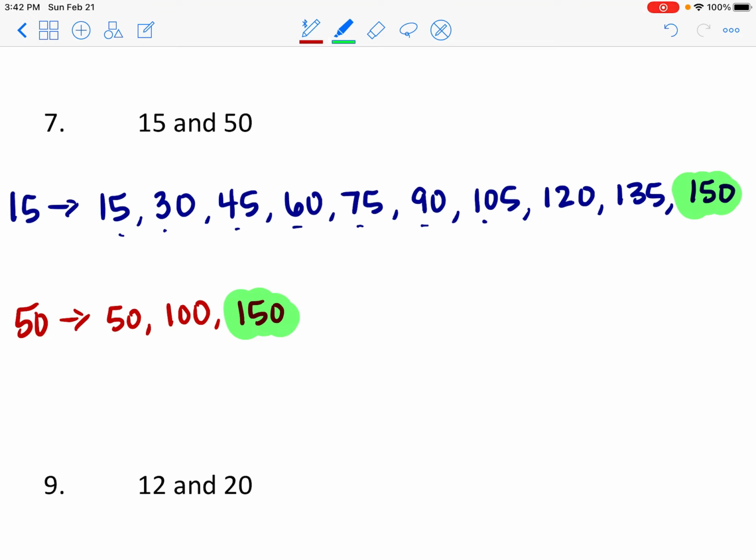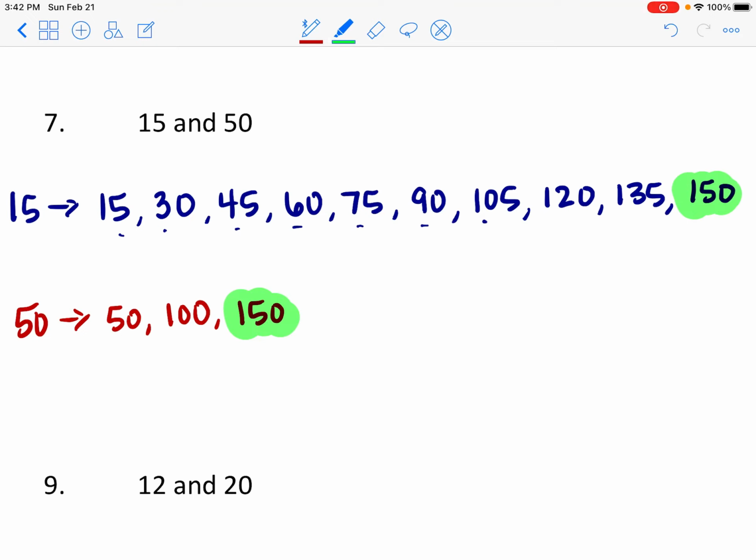Now, there is another way. I don't know if it's any more efficient, but the other way is to use prime factorizations. So let's say we take 60 in this example and break it down into its prime factors. So 60, for instance, is 6 times 10, and then 6 can become 2 times 3, and then 10 can become 2 times 5. So I would say my prime factorization here would be 2 squared times 3 times 5.